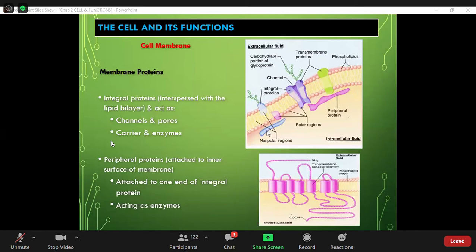This one. They act as enzymes, just like sodium potassium ATPase.